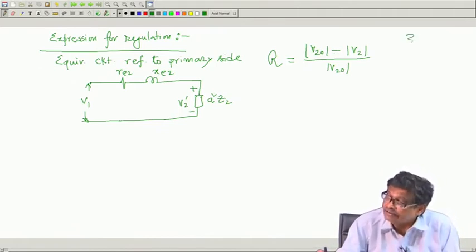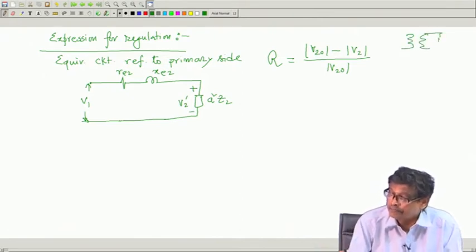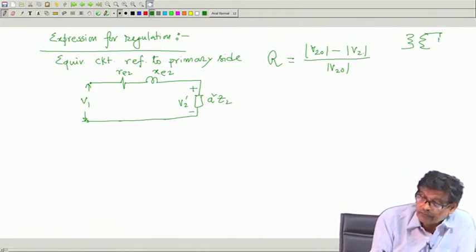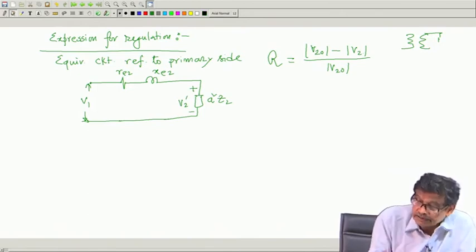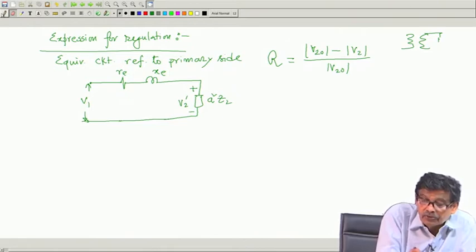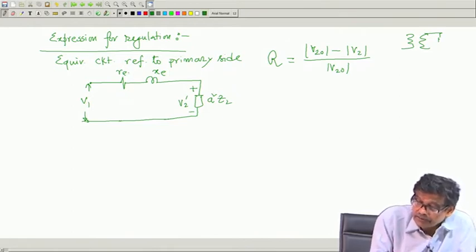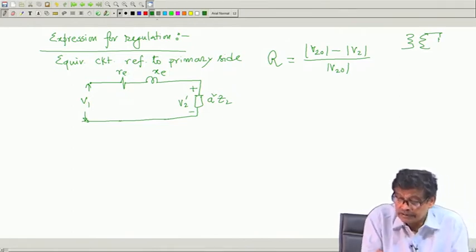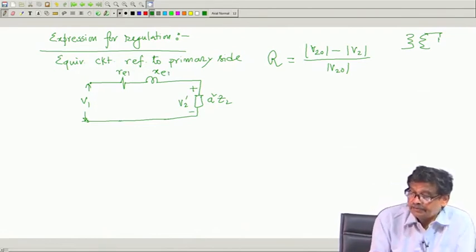What was this? Here was the transformer, here I am measuring all the voltages. Oh, sorry, it will be R E 1 and X E 1. Thank you. So, this will be R E 1 and X E 1. Okay, this is referred to primary side.